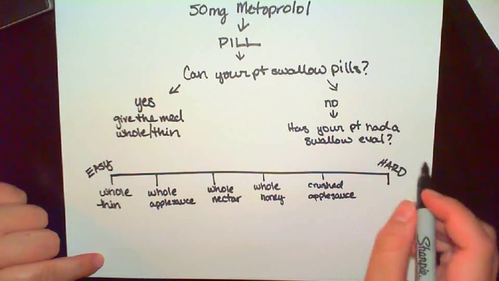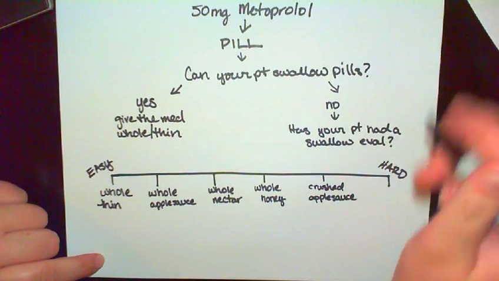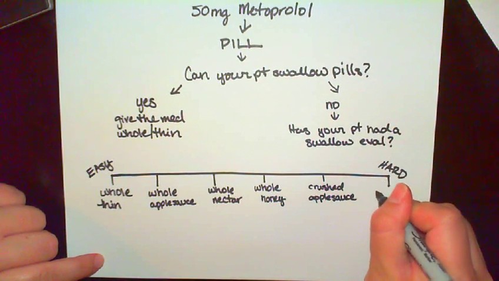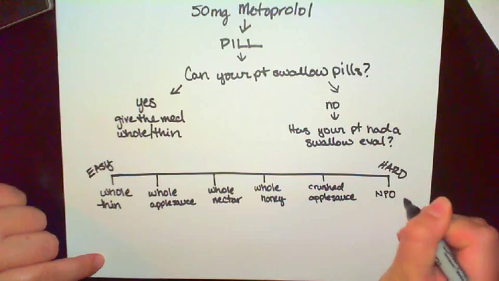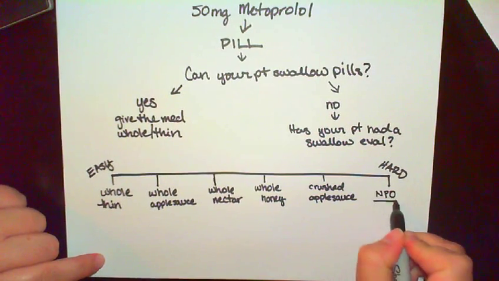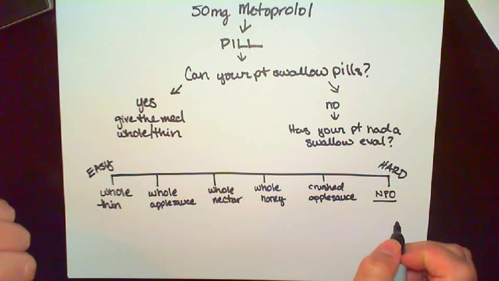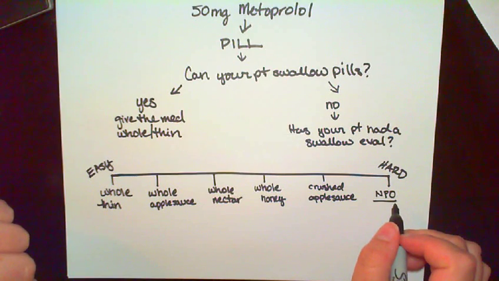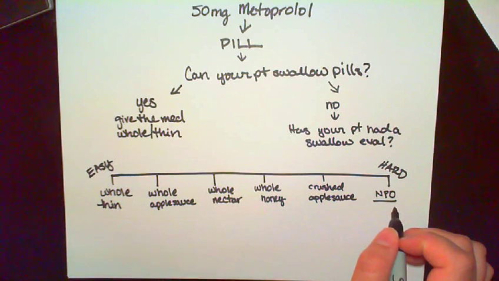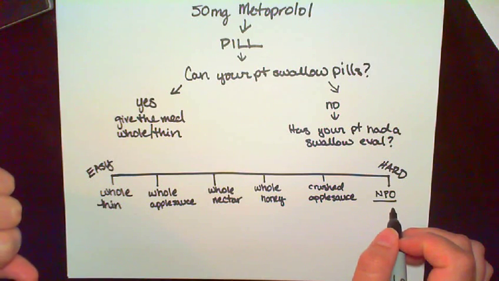And the last place on this continuum is at the end, where we have the famous NPO. NPO is nothing by mouth. And when they took the swallow evaluation, they likely had liquid put in their mouth, usually water, and they started choking on it and possibly aspirated.